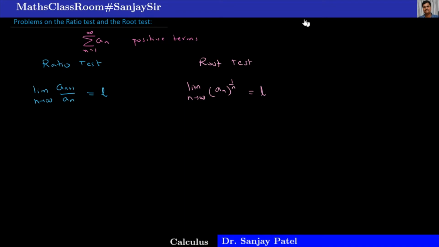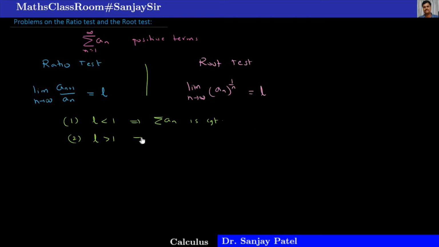So this is to be done first in both theorems, and then depending on the value of L, we have three conditions. If L is less than 1, then the series sigma an is convergent. If L is greater than 1, then the series is divergent.